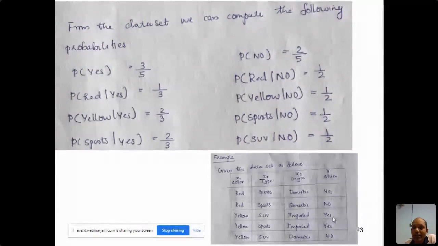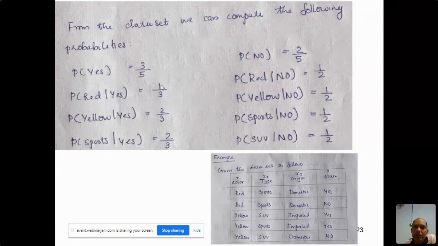So first, second, and third, 3 S are there. Corresponding to S, only one red is there. So the probability for red at the given class S means 1 by 3. Similarly for the others.